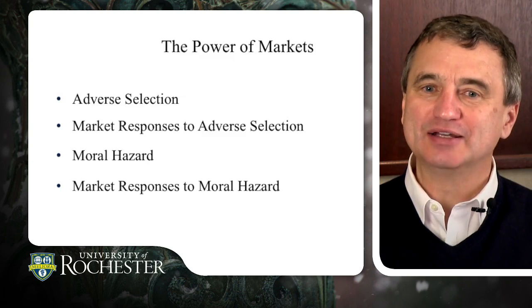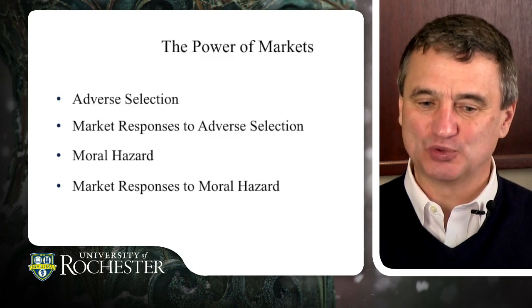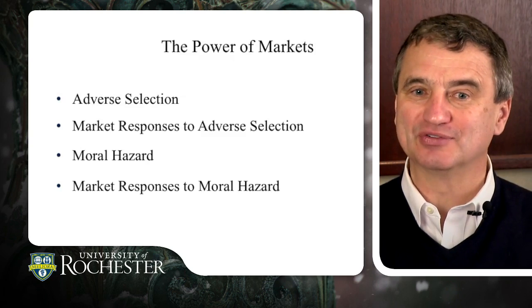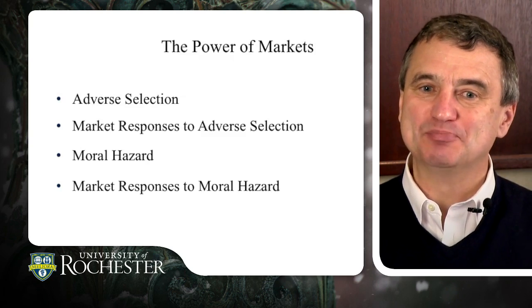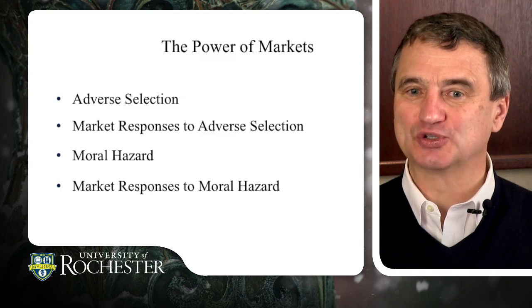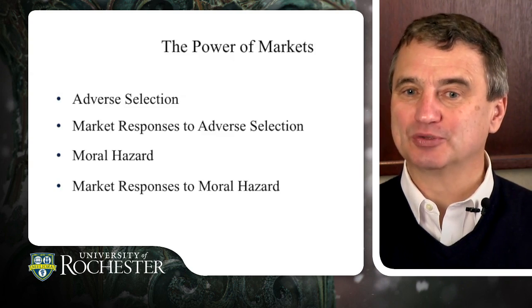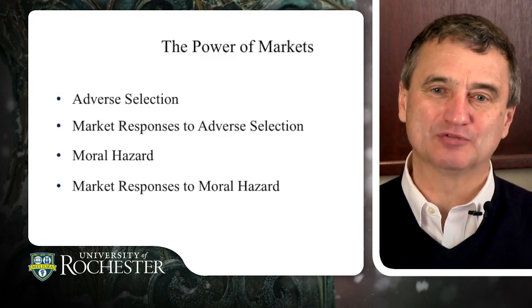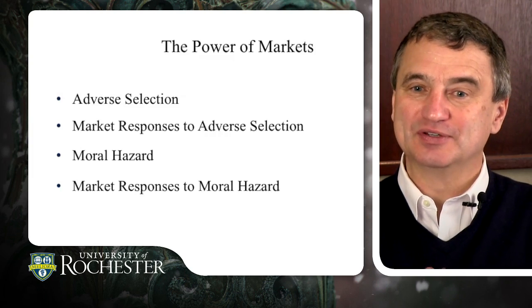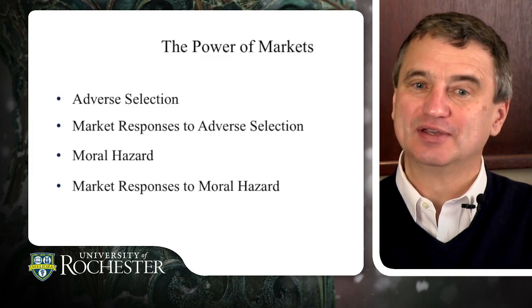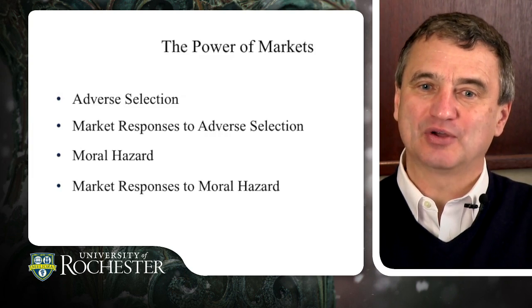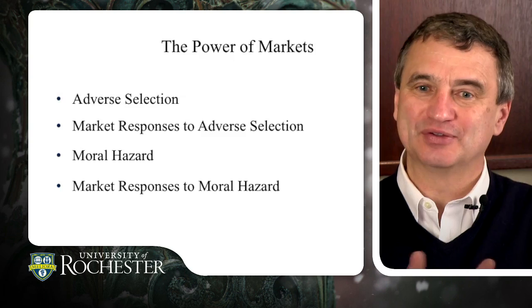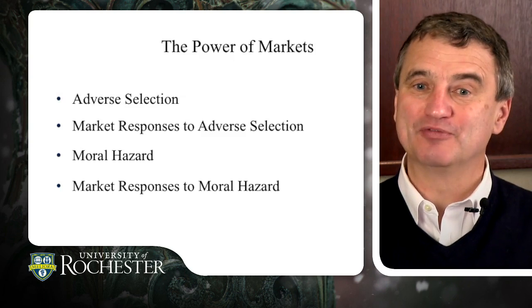So we see a variety of moral hazard situations occur, but there are market responses to moral hazard. In the case of healthcare insurance, they're deductibles. A recent study of the phase-in of Obamacare, for example, has noticed that deductibles have increased from about $3,900 on average to $5,000 under insurance plans that have been provided.